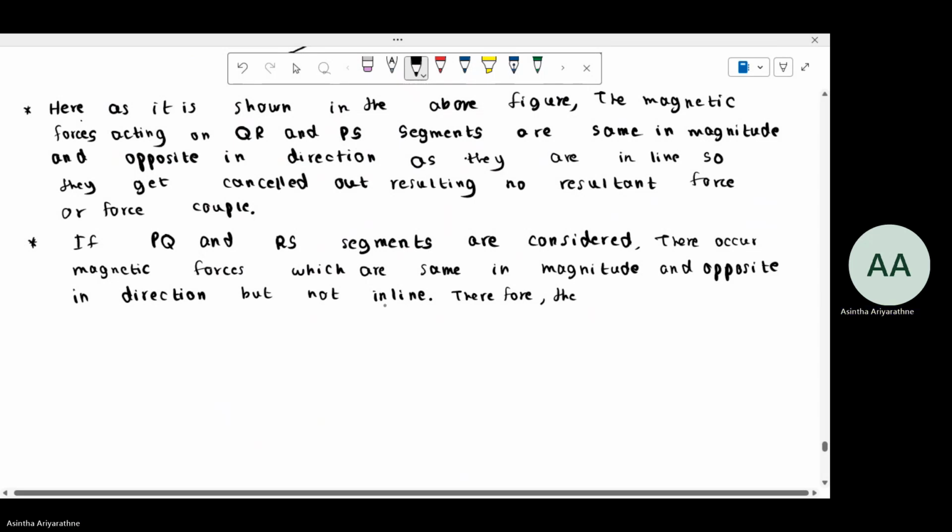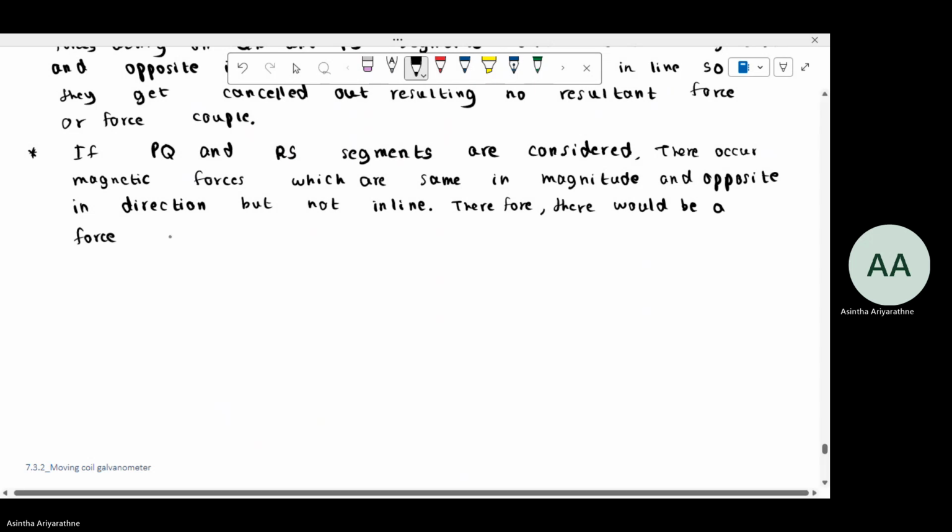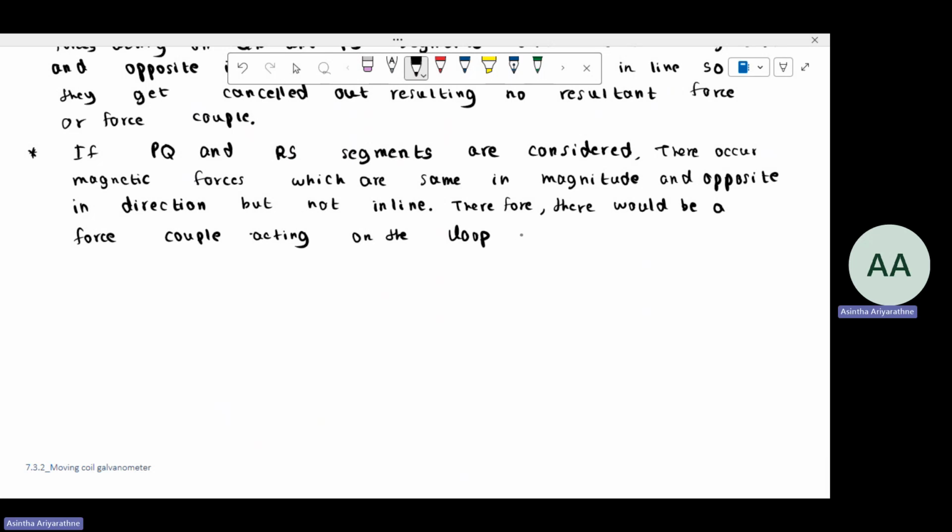Therefore, there would be a force couple acting on the loop, making it rotate around the axis in the clockwise direction.